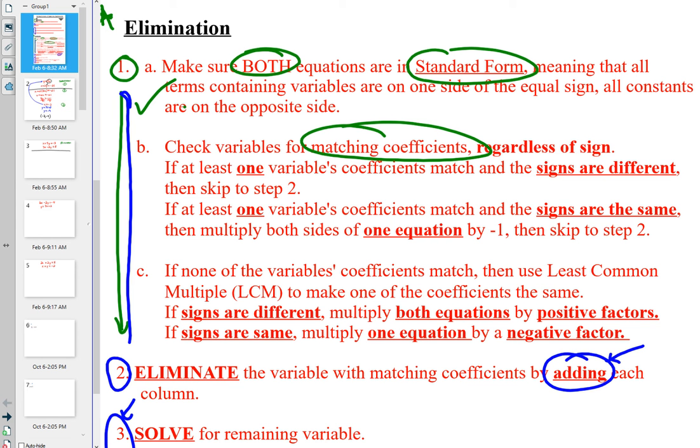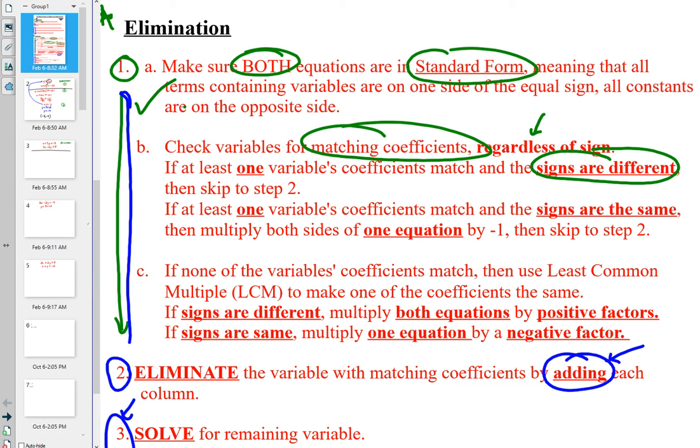The number in front of the variable has to match, but at least we're not going to care too much about sign, at least for this part. By the time we're done, we need the signs to be different.